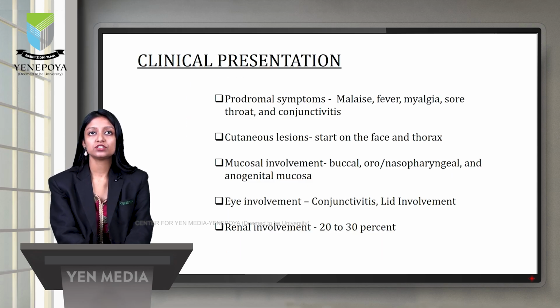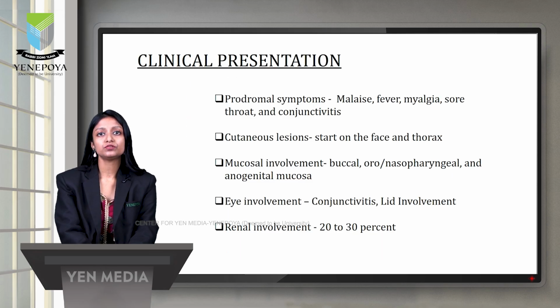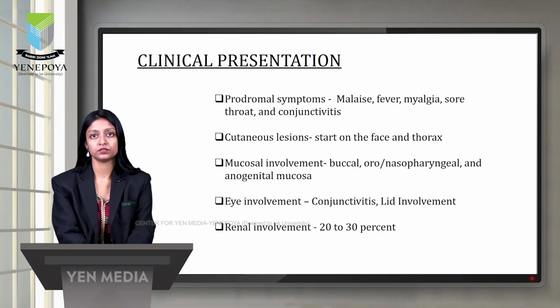Now, the clinical presentation of this disease. First we have the prodromal syndromes, which usually mean the symptoms before the disease has actually started. The first one is malaise, a general irritation and tiredness, then fever, then myalgia, which is muscle pain, then sore throat and conjunctivitis.